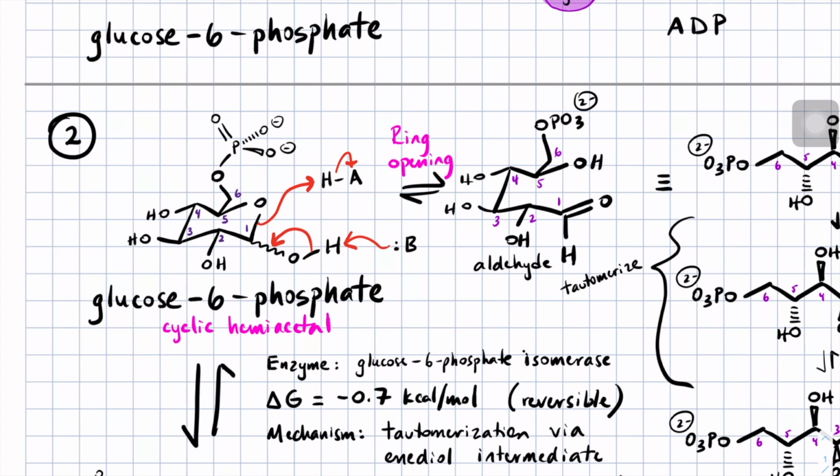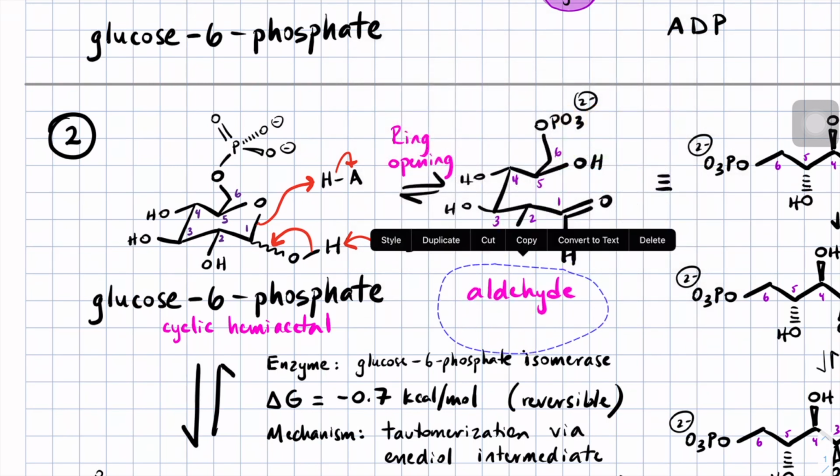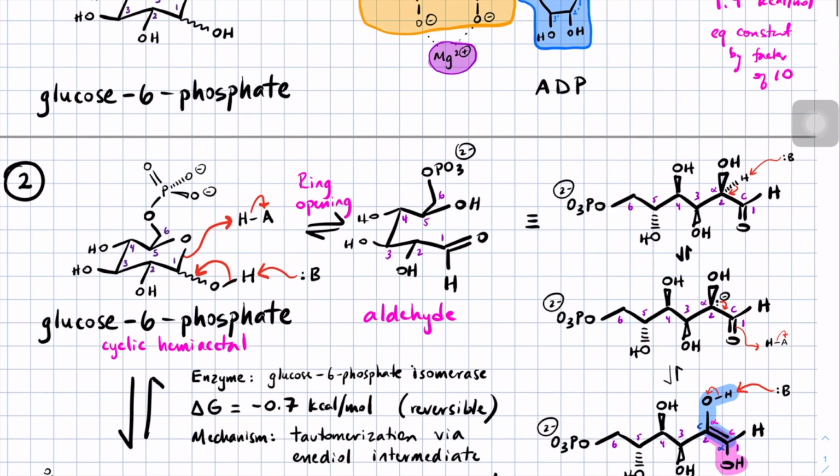And the product that you get is this aldehyde. Remember, glucose is an aldehyde, which, as we discussed, is why having high blood sugar levels is a bad idea.